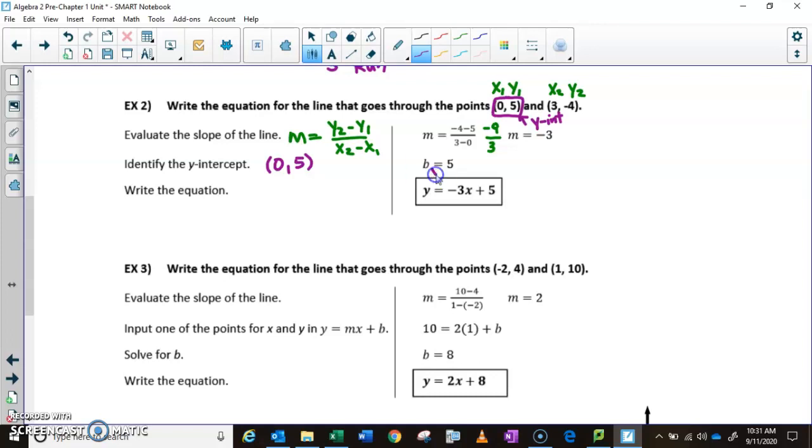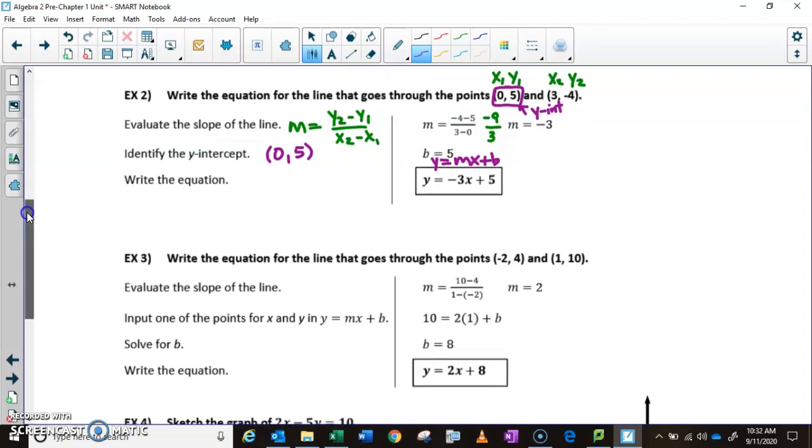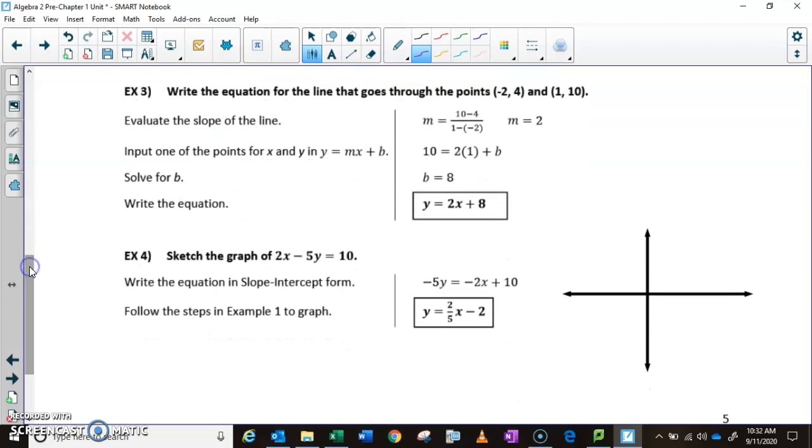When I substitute into slope-intercept form, y equals mx plus b, I can substitute in the negative 3 for the m, and the b is 5, and I get my equation y equals negative 3x plus 5. So that's if they give us one of our points directly as the y-intercept.